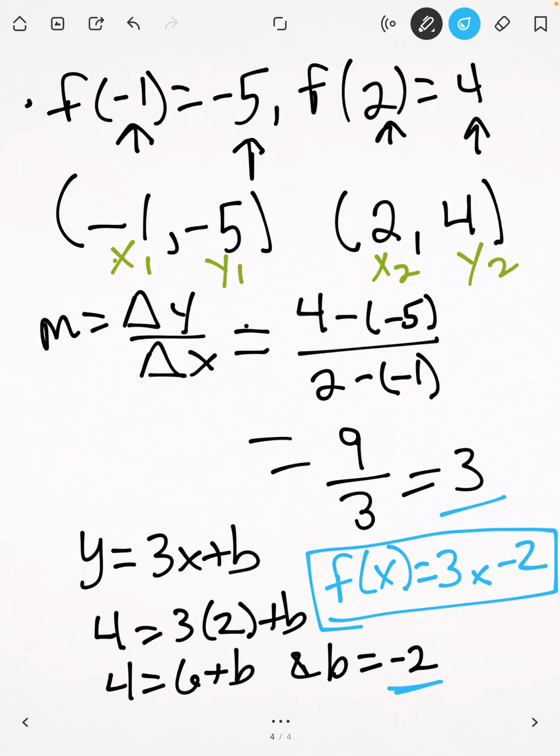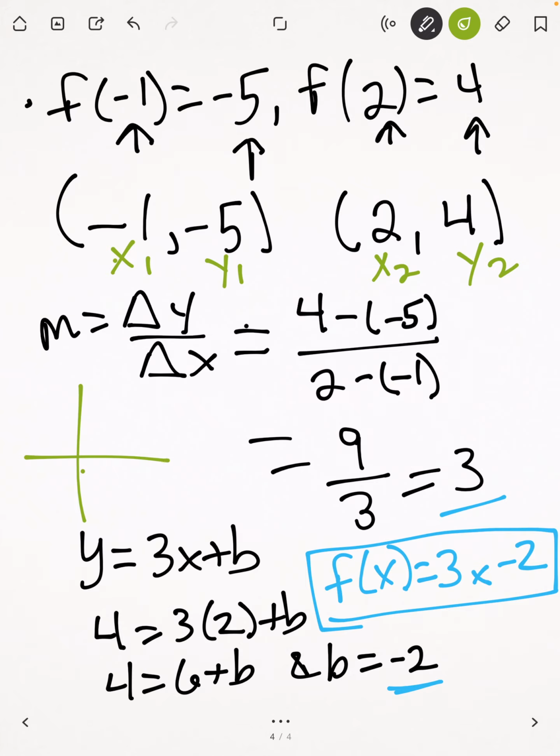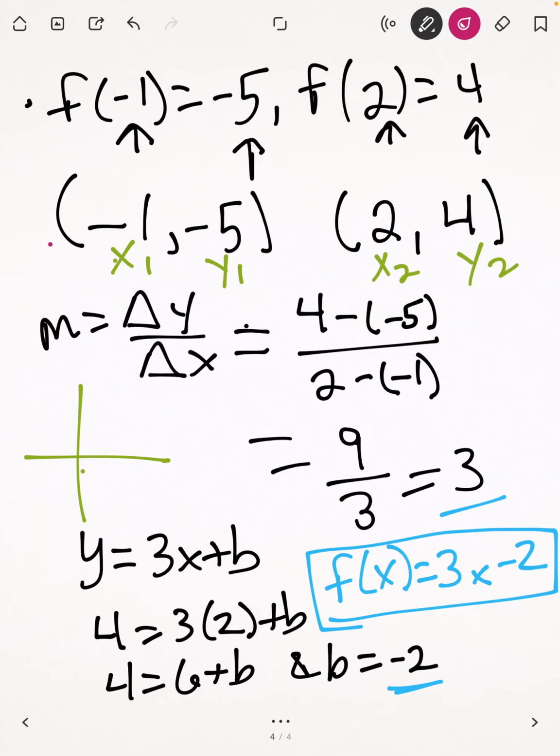Then it says to graph it. I'm going to see if I can squeeze it in on this window. We know we have 2 points: negative 1, negative 5, and 2, 4. We connect those.